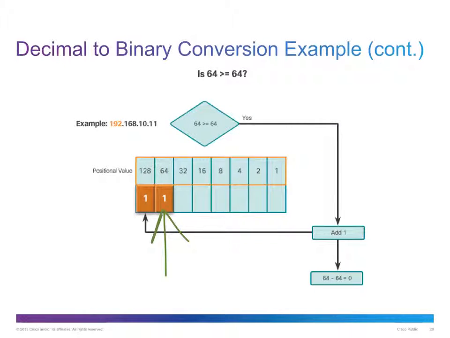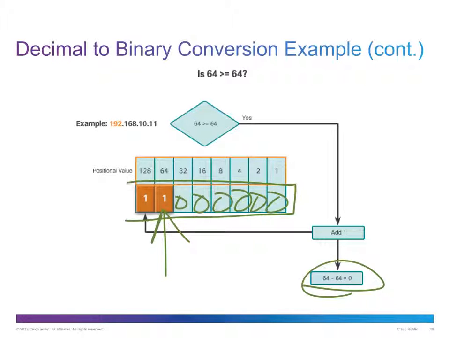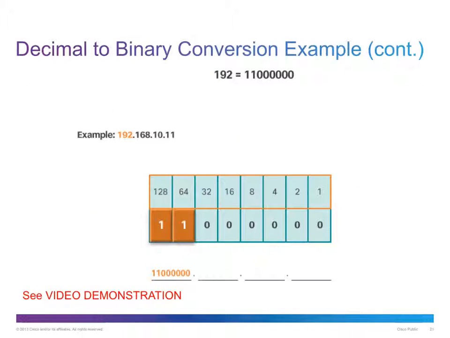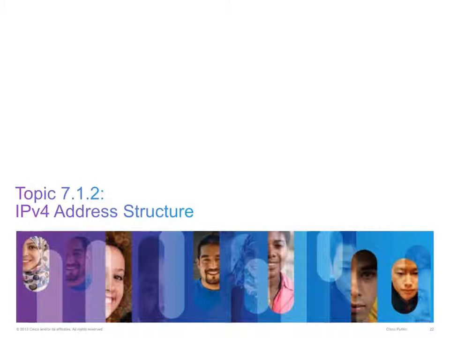Then we take one group of 64, subtract, now we have zeros, so the rest of these will be zeros. So this number represents the same thing as 192. This is what the computer or router sees, this is what us humans see. And so then we can go on here with this.